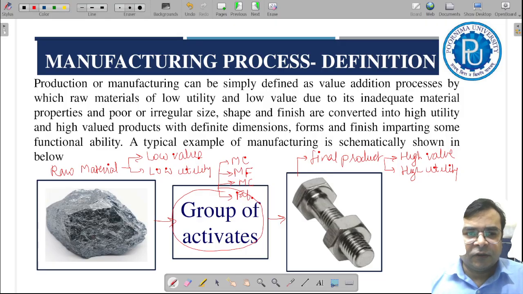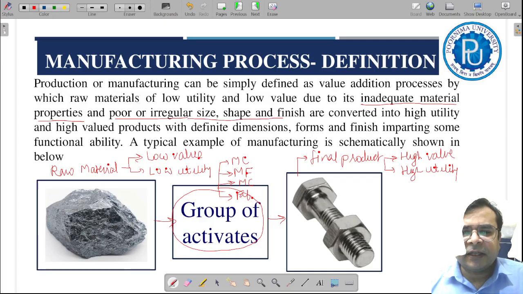So simply you can see from the definition, it is a value addition process which converts raw material of low utility and low value, and this raw material also has inadequate material properties and poor or irregular surface and size, and surface finish.